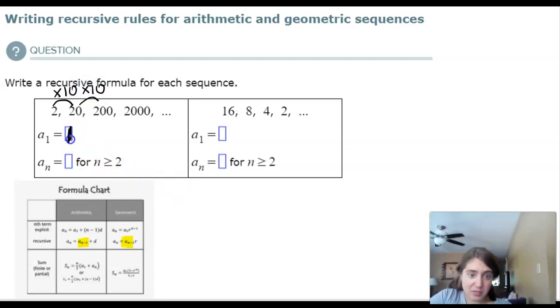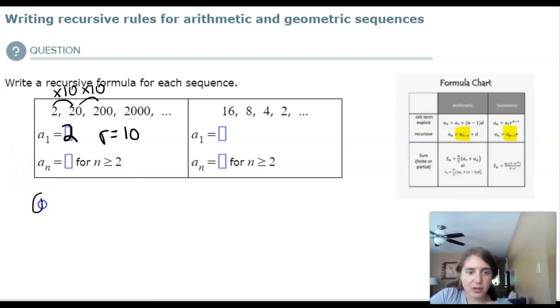My first term is 10, or 2, sorry. My first term is 2. My r is 10. So what this will end up looking like is, I'm going to show, actually.